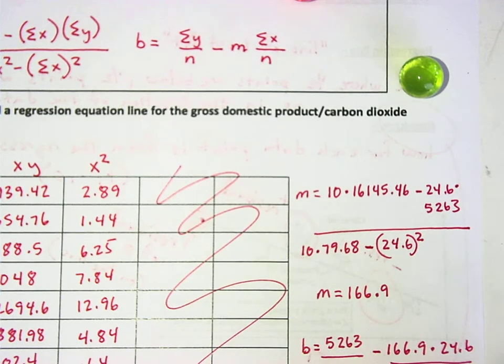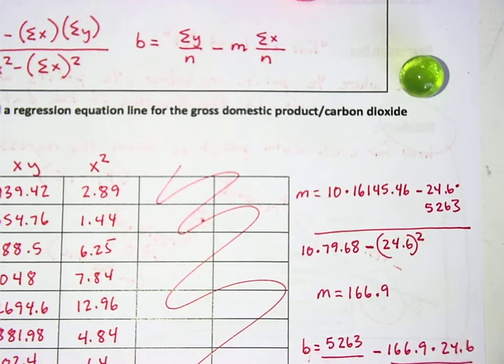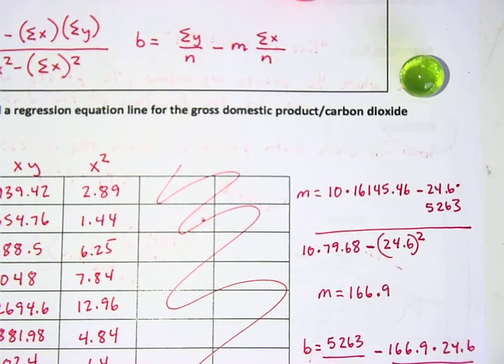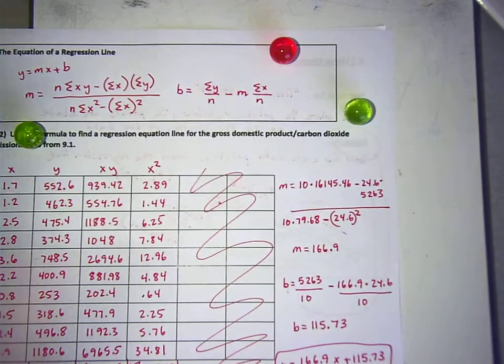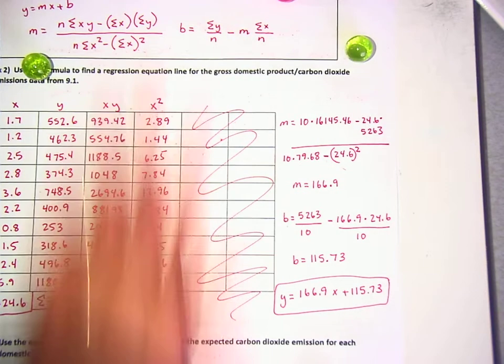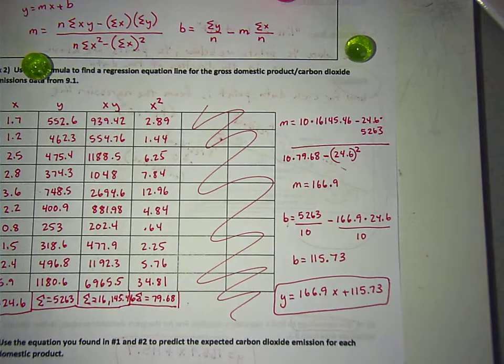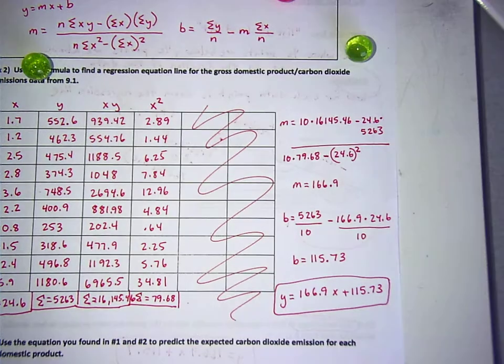You should get 115.73. So your final answer is y equals 166.9x plus 115.73.